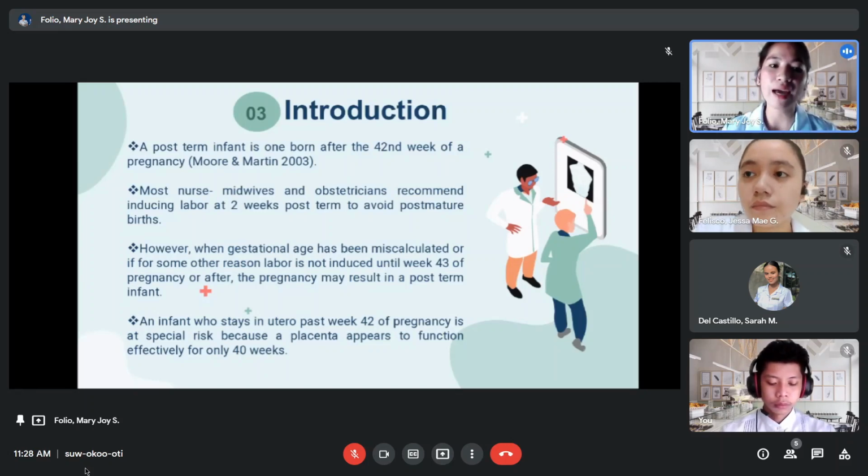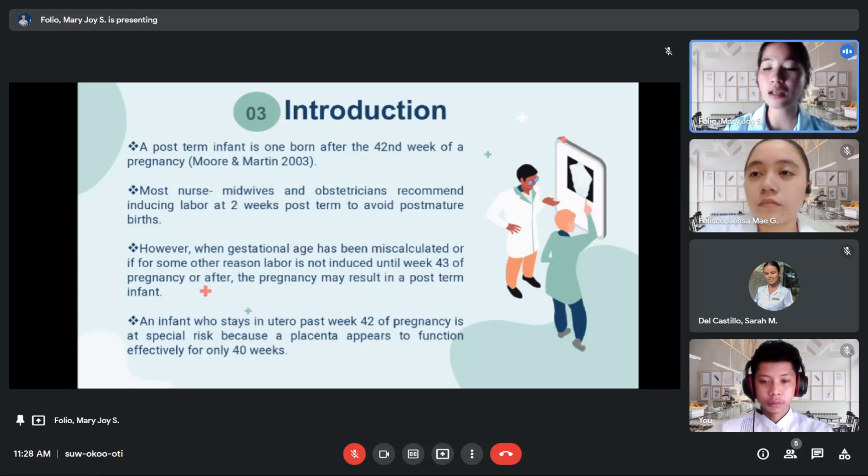If a healthcare provider recommends labor induction, it's typically because the benefits outweigh the risk. However, when the gestational age has been miscalculated, or if for some other reason labor is not induced until week 43 of pregnancy or after, the pregnancy may result in a post-term infant.